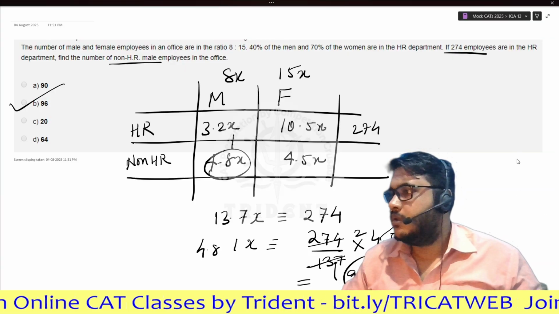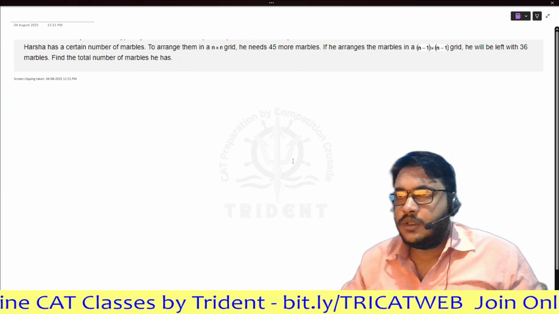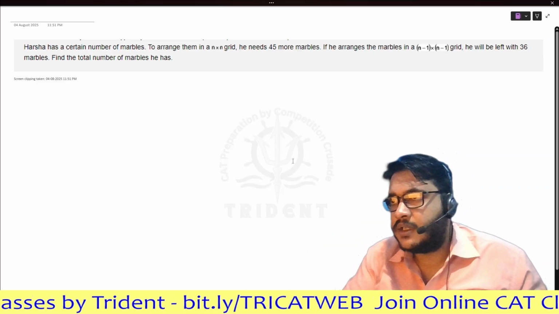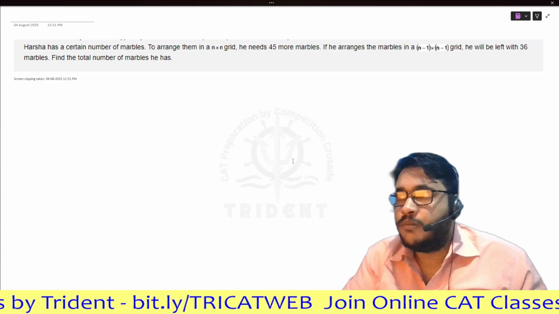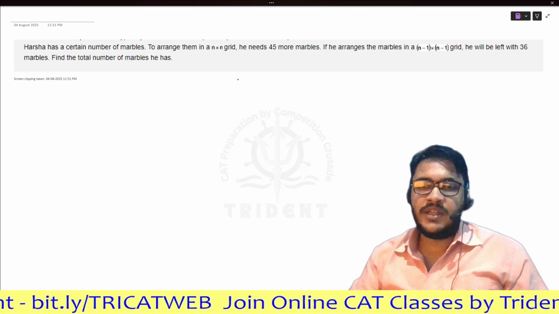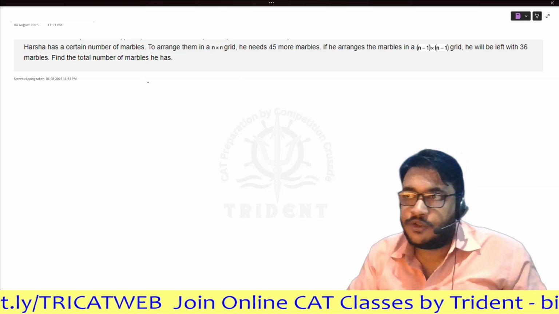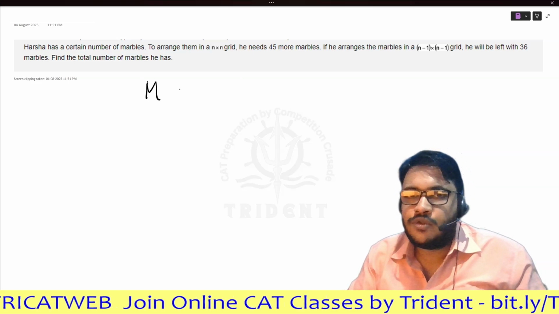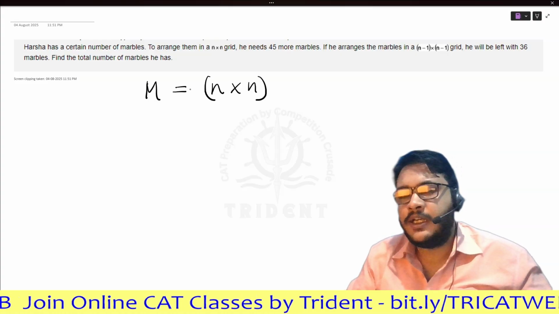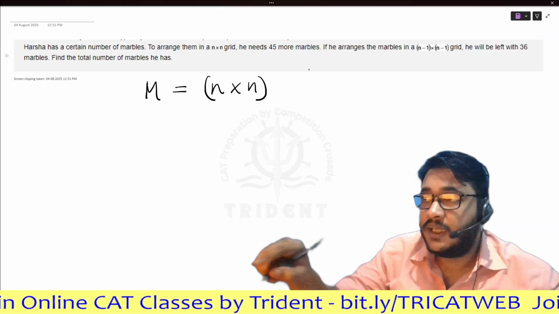Now, the last question. Harsha has a certain number of marbles. To arrange them in an n by n grid, he needs 45 more marbles. So the first thing that you assume is the total number of marbles to be m. It can very well be arranged in an n by n matrix, but he needs 45 more.